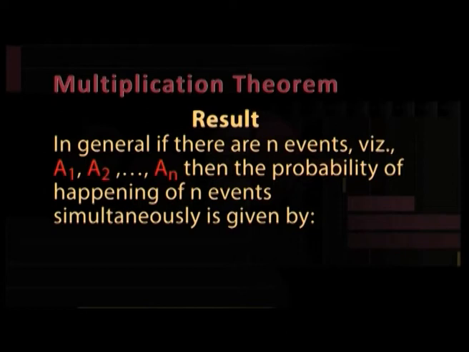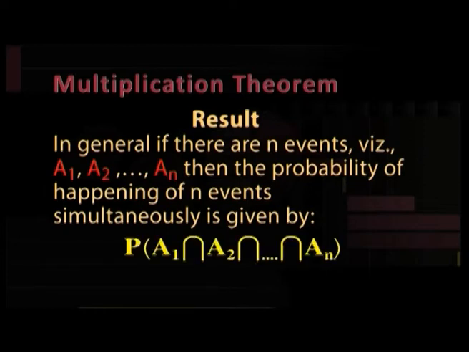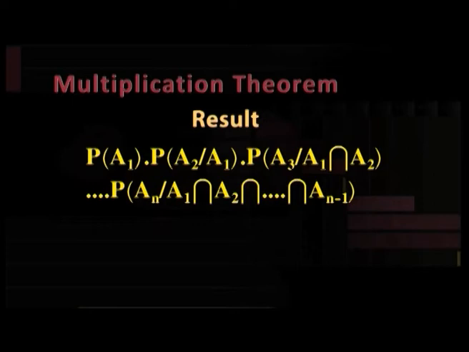Suppose there are n events, namely A1, A2 up till An, then the probability of happening of n events simultaneously is given by probability of A1 intersection A2 intersection so on and so forth up till intersection of An, which is equal to probability of A1 into probability of A2 given A1 into probability of A3 given A1 intersection A2, and so on up till probability of An given A1 intersection A2 intersection up till intersection of An minus 1.